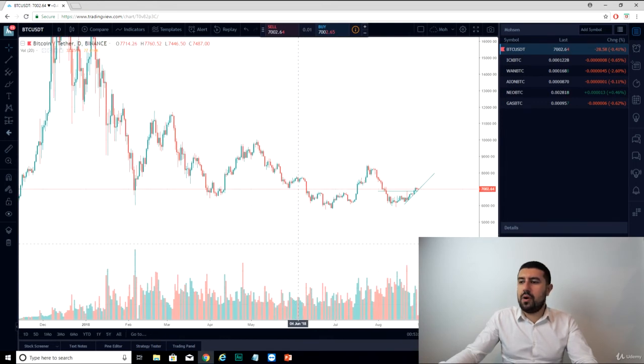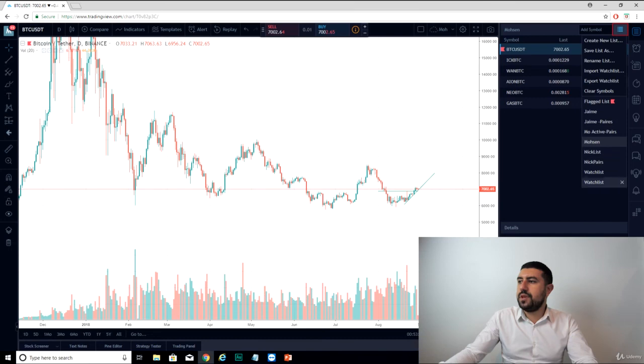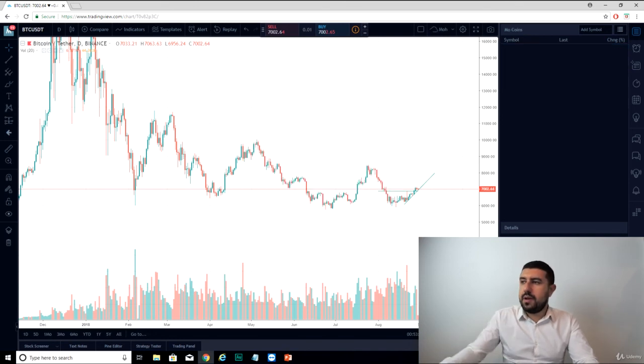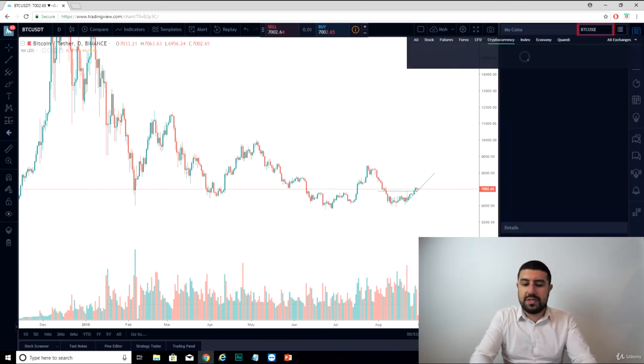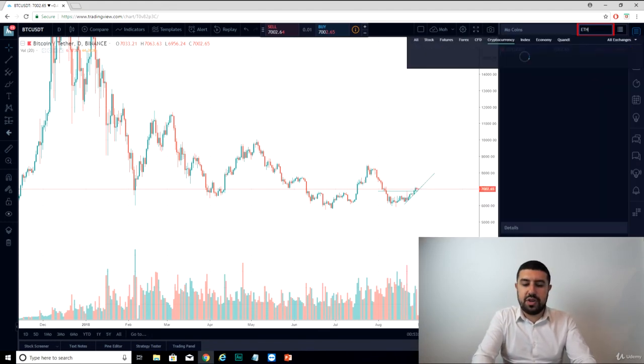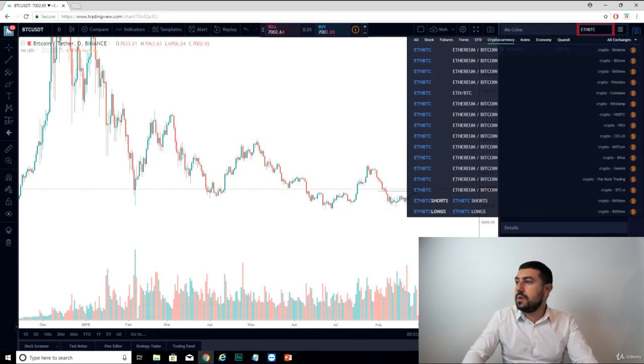Another really nice thing about TradingView is you can create a watch list here. I could create a new watch list and call it Mo Coins, let's say, and then put a list of coins that I look at. Let's say Bitcoin USDT, enter. Maybe I can put Ethereum BTC, and I want Binance. Again, you have the list of exchanges, and you want to select the exchange where you trade.